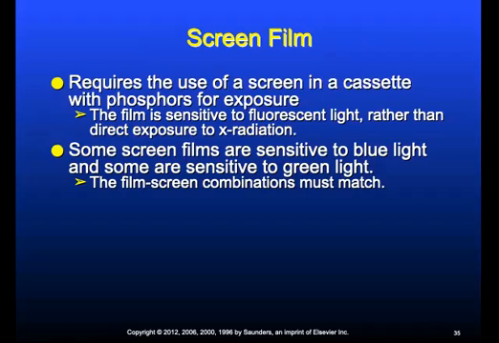These films are also sensitive to white light, as it contains every color of light in the visible spectrum. Some screen films are sensitive to blue light and some are sensitive to green light. It's important to know that the film and screen combinations must match. So if you have a blue screen film, it must be paired with screens that produce blue light.